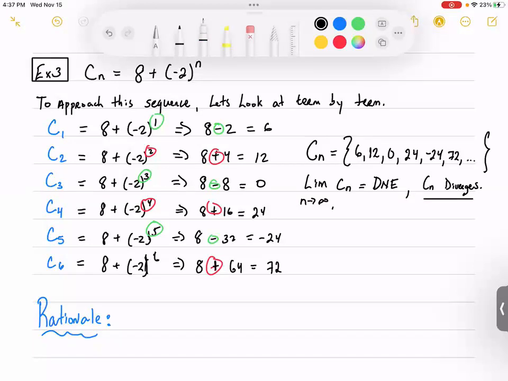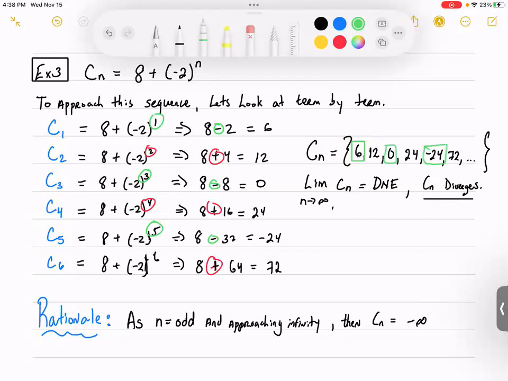If you look back, first term was 6, the third term was 0, the fifth term was negative 24. So that indicates that when n is odd and it's still going up, 1, 3, 5, 7, 9, and so forth, the sequential terms in the odd positions are going to negative infinity.